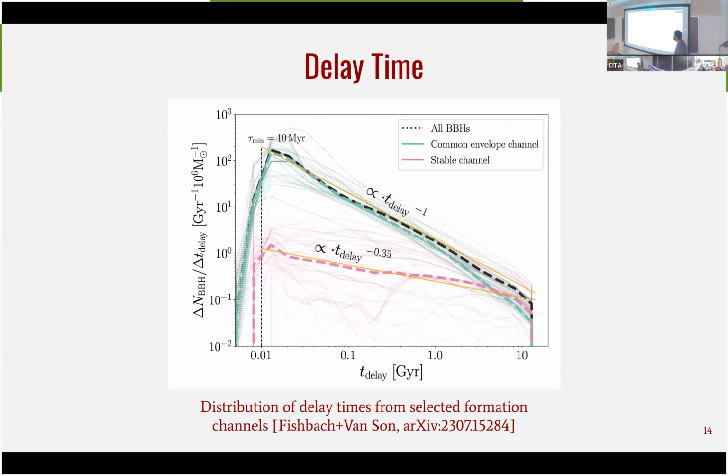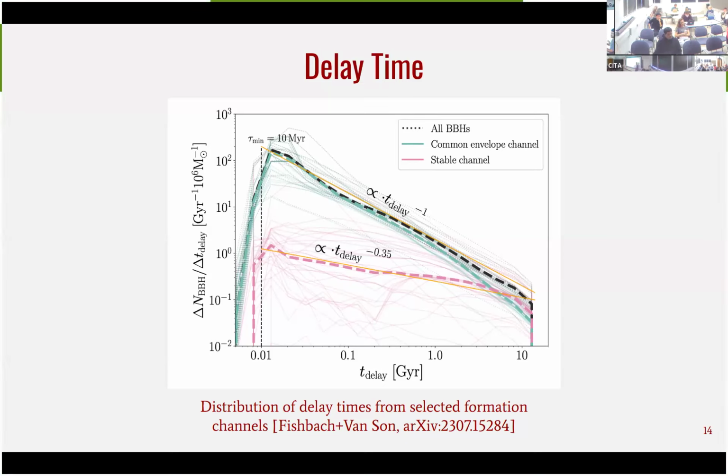People have expectations of what the delay time distribution should be from simulations of these formation channels. This is one example, from isolated formation channels for binary black holes that evolve in an isolated manner throughout the galaxy. There are different channels, so maybe the distribution of time delays is 1/t, or maybe it's t to the minus 0.35.